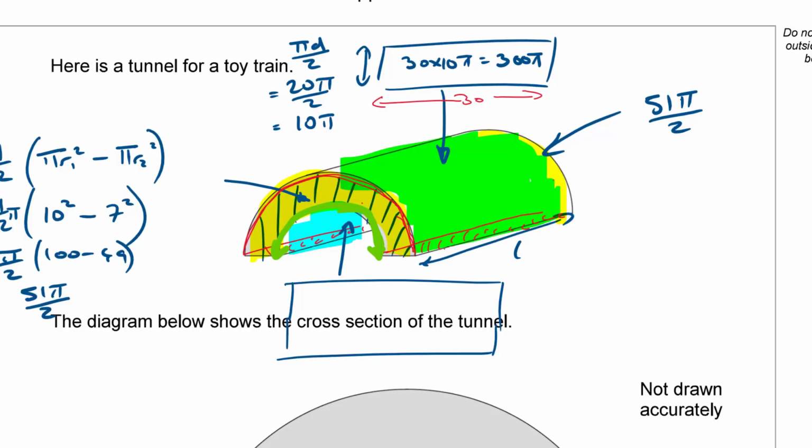So again, it's going to be half pi d, half the circumference of the smaller circle, where here the diameter is 14. So it'd be 14 pi over 2, which is 7 pi. The length is still the same, it's still 30. So then the area of that rectangle is going to be 30 times 7 pi, which is 210 pi.